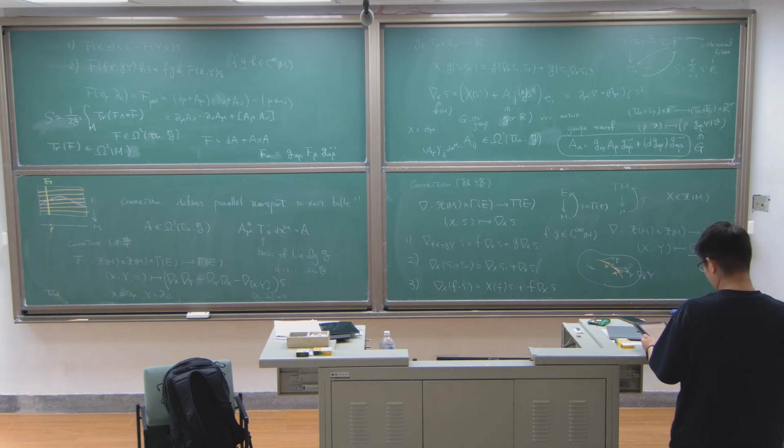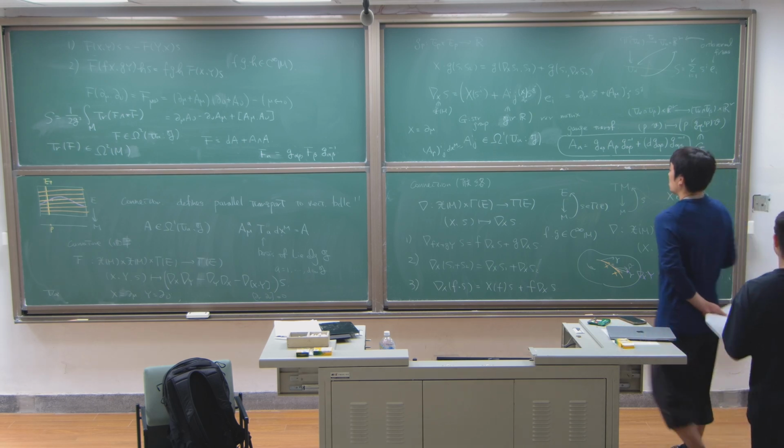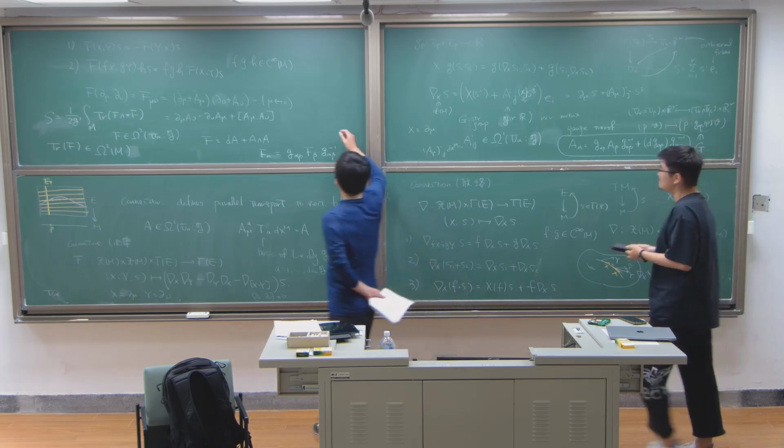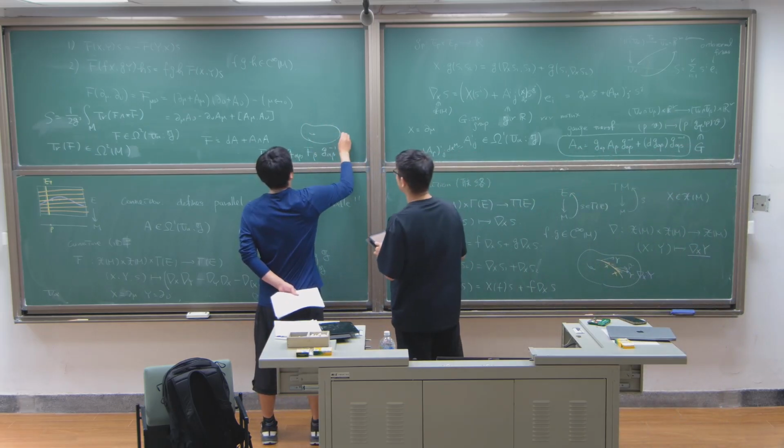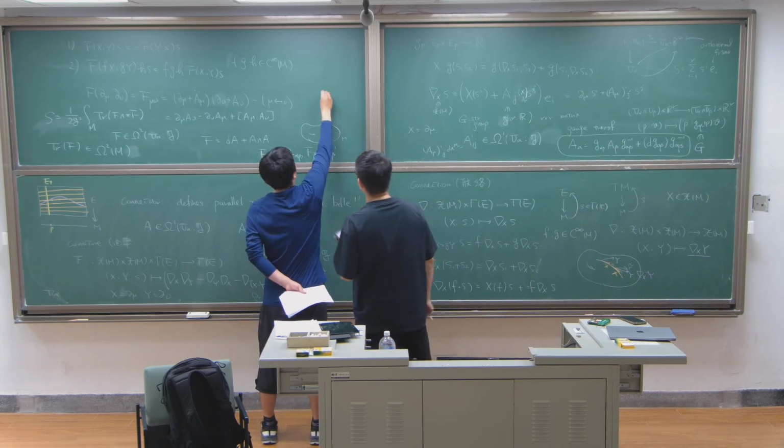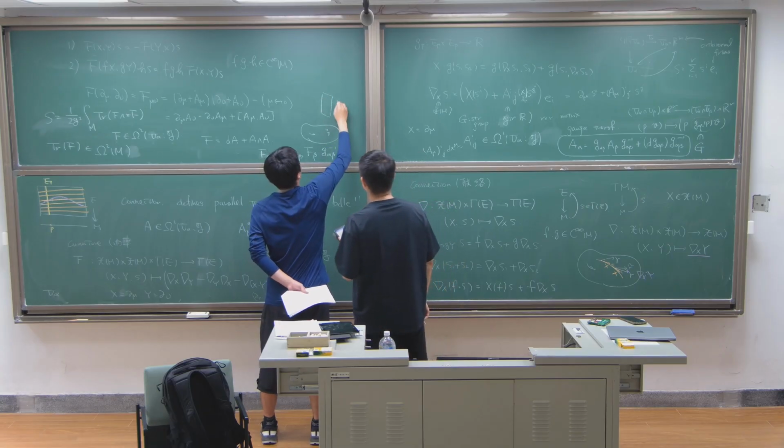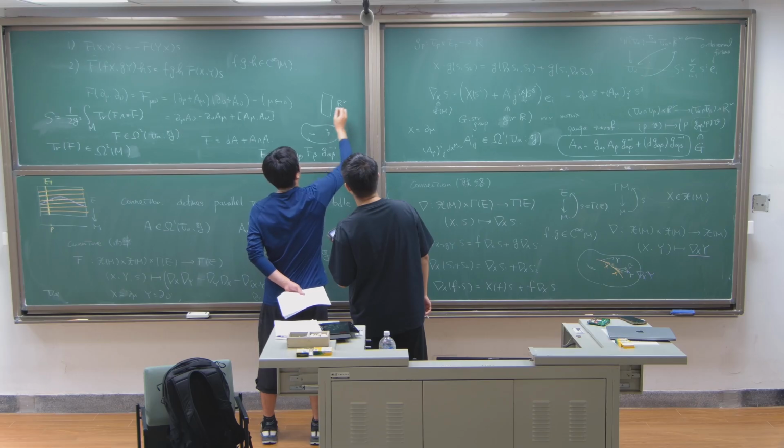E is the fiber, the rank R vector space, right? It's R to the R. And you want to map the section like A. So we have the manifold M, at each point P you have a fiber R to the R.